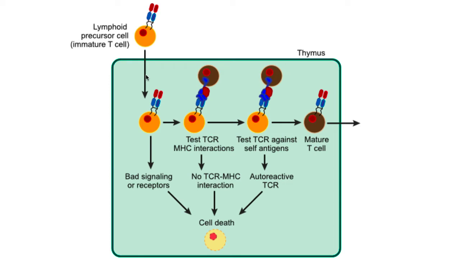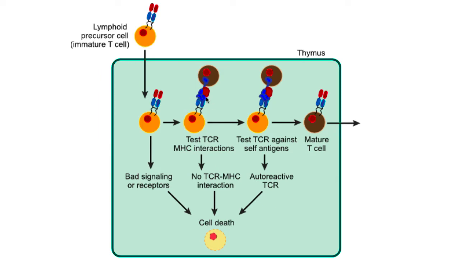When it comes into the thymus, it's then educated. It's exposed to various tests. The first test is to see if it actually has good signaling or receptors. If it does, it's allowed to live. If not, its cell programming causes it to die.